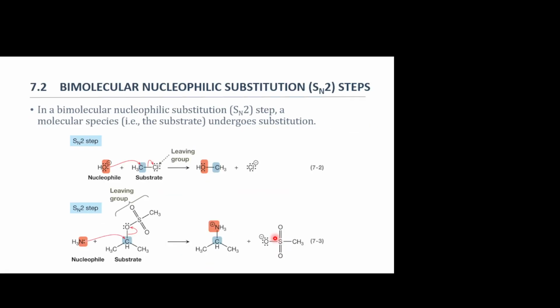Okay, so let's talk a bit more about molecularity and talk about these elementary steps. So this one right here is going to be a bimolecular nucleophilic substitution. Okay, it's going to be labeled SN2. Can everybody see that? You have the pieces to it, don't you? 2 for bimolecular, N for nucleophilic, S for substitution.